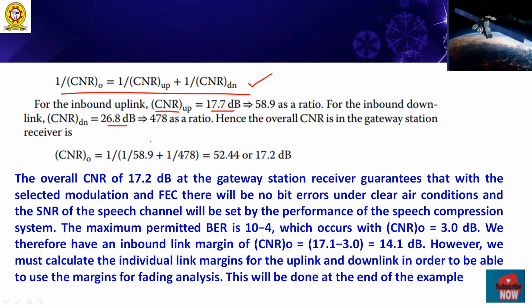We have the formula 1 by C by N up plus 1 by C by N down. Simplifying that formula, we got 52.4 numeric, 17 decibels in decibel format. This is the way to evaluate the satellite to gateway link.